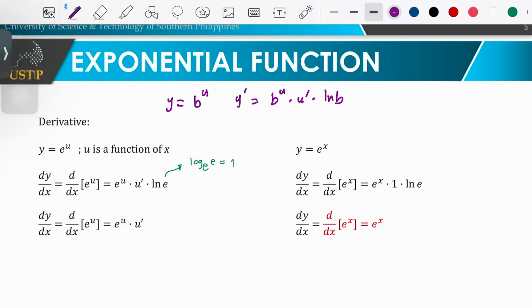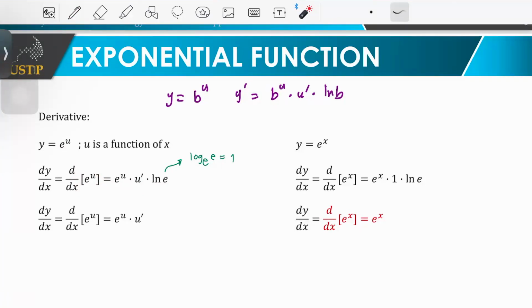So, same rule applies, class. It's just that ang b karon is the natural number e. Okay? So, the derivative of that will be e to the u, copy, and then times u prime, times ln e.